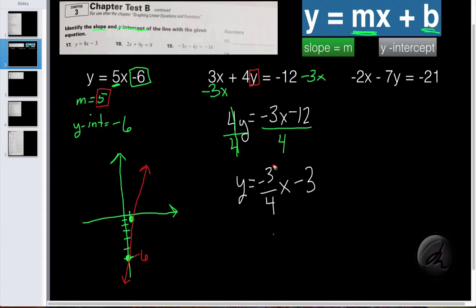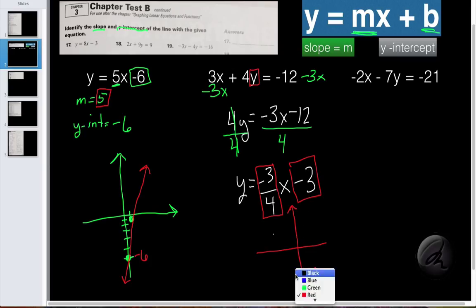So my slope is -3 over 4, so down 3, and then over 4, and then my y-intercept is -3. So if I'm going to graph that, it's going to look something like this. My y-intercept at -3. Okay, so I can go ahead and plot my first point there.